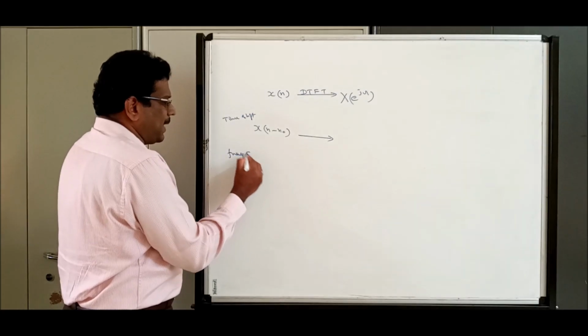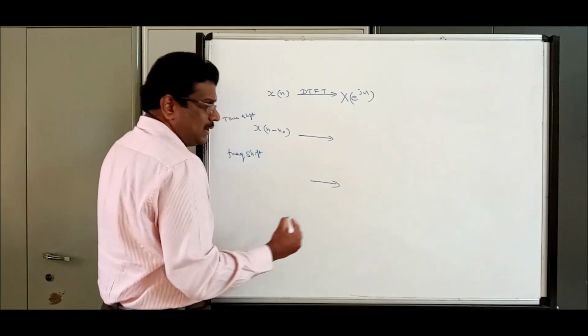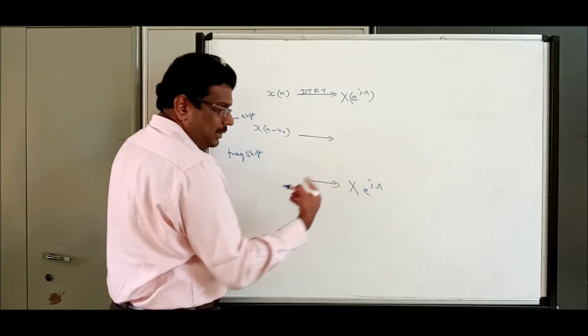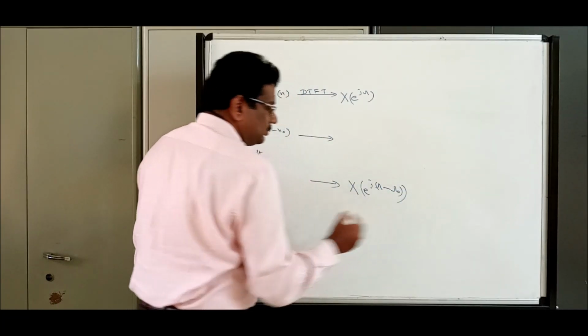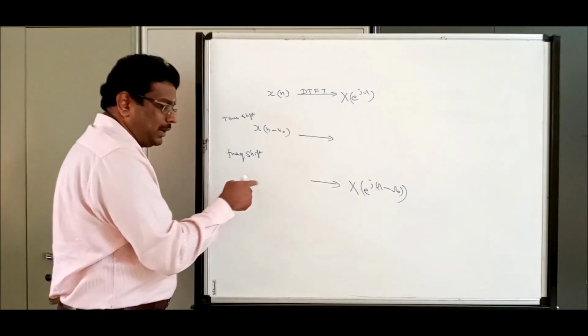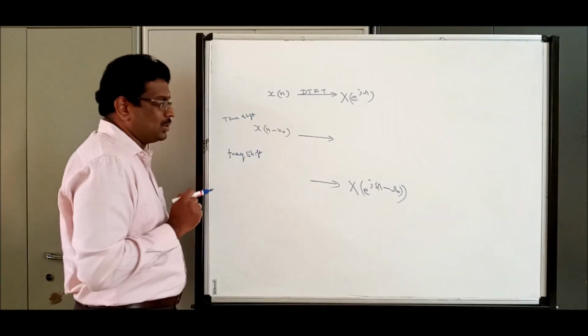I am going to discuss frequency shift in parallel. What is the frequency shift? In frequency domain, if there is a shift omega naught, then there will be an effect in time domain. Now, what is that particular effect is the question.